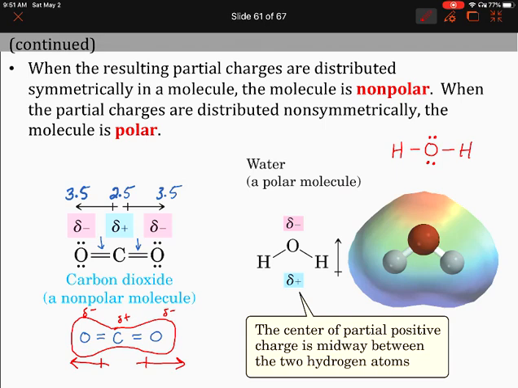So if they can be closer to each other, then that's more ideal. So I'm going to actually redraw this molecule. So water actually looks like this, where we have the two hydrogens on the bottom, or kind of next to each other, and then the two lone pairs are on the top next to each other.